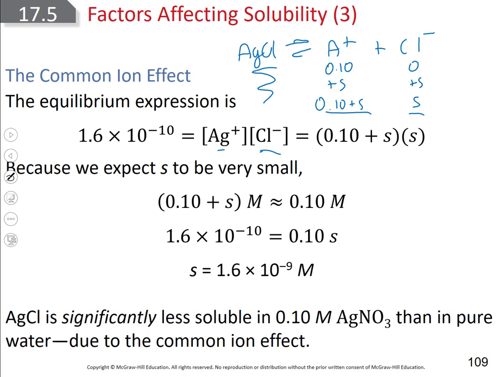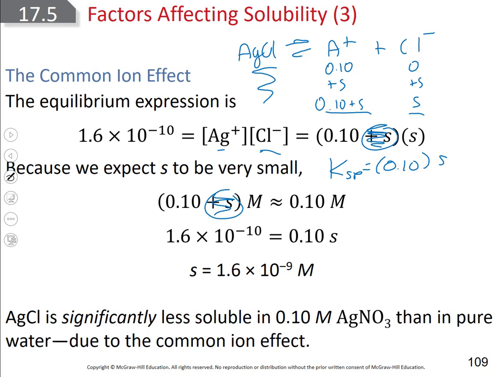Luckily for us, all of the K values in our solubility table are very small. So this is going to be a safe assumption to make for this section. So if we assume S is small, then we can ignore this plus S and just say 0.1 molar. So now KSP is just going to be equal to 0.10 times S.